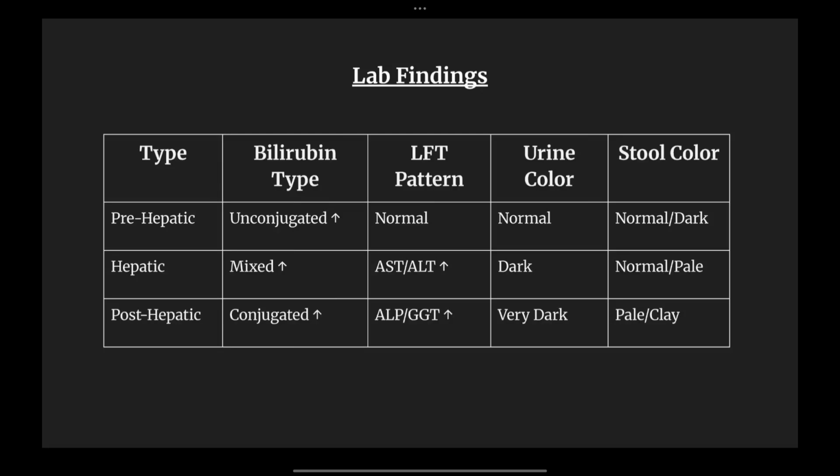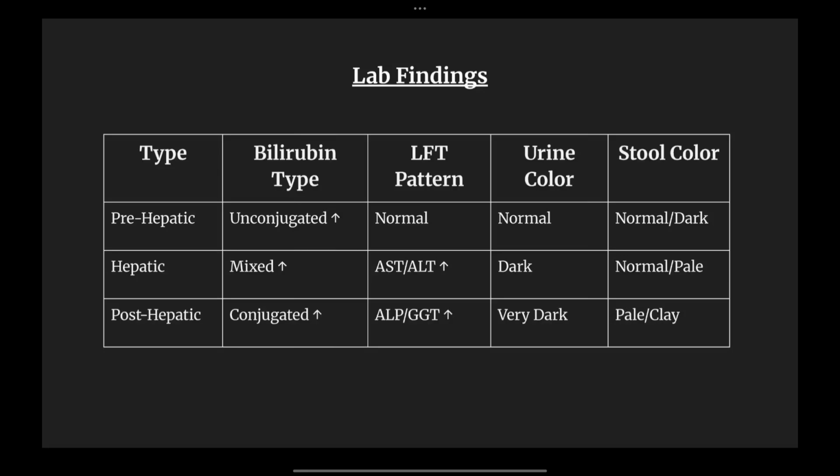For prehepatic jaundice, as I told, unconjugated bilirubin levels are high, the liver function test appears normal, urine color also appears normal, and stool color appears normal or sometimes dark. Next, the second type, hepatic, has both conjugated and unconjugated bilirubin.